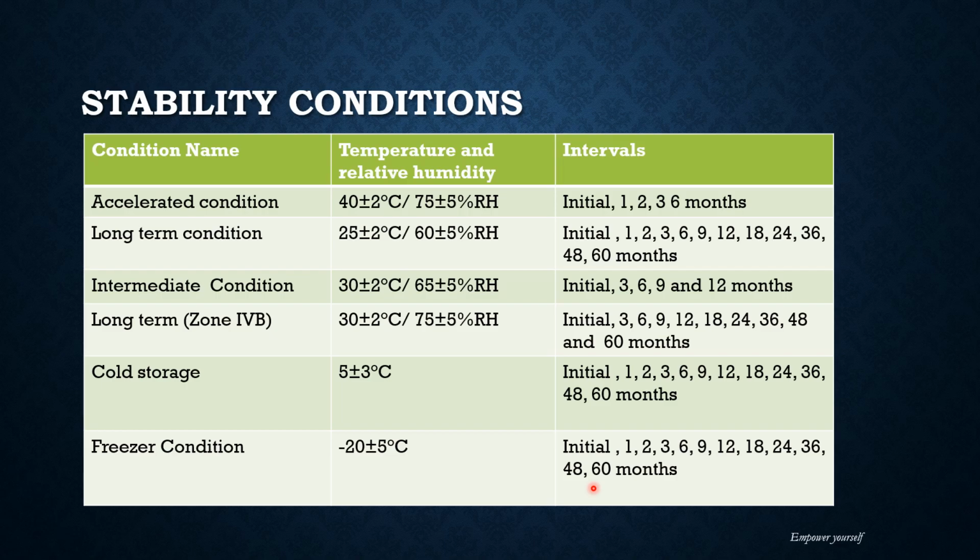Based upon the variations that have been observed and the acceptance criteria that have been established, we can justify that a product is stable up to so many months, beyond which my product is not stable and is not going to produce any therapeutic effect.